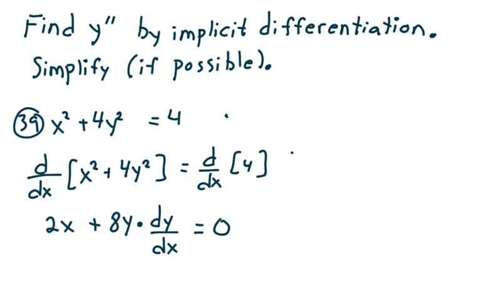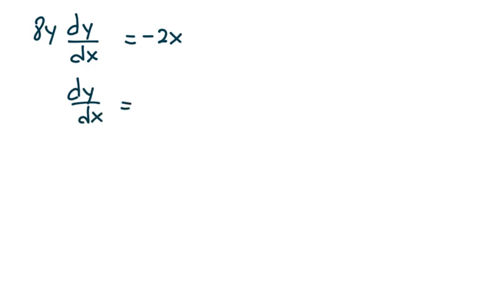Okay. Now from here, we're going to solve for dy dx. Now, 8y dy dx is equal to negative 2x, so dy dx is negative x divided by 4y.